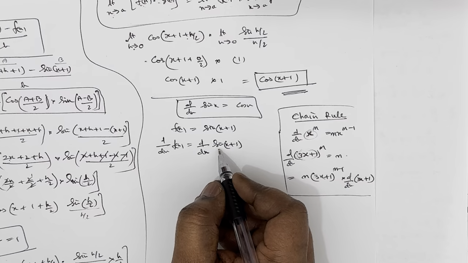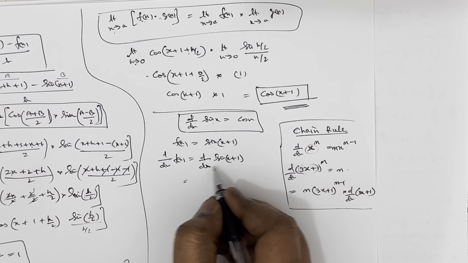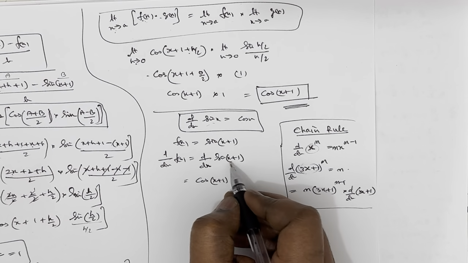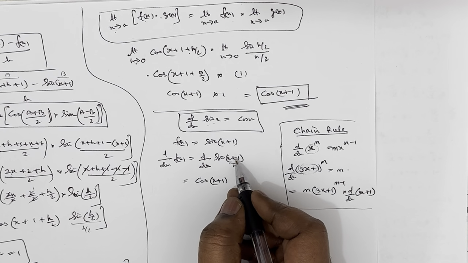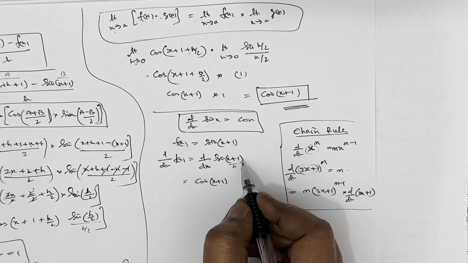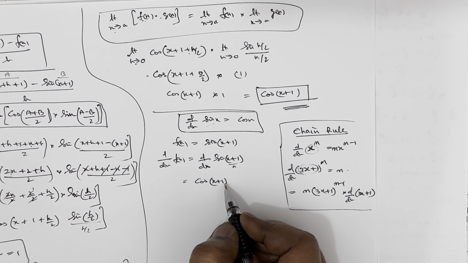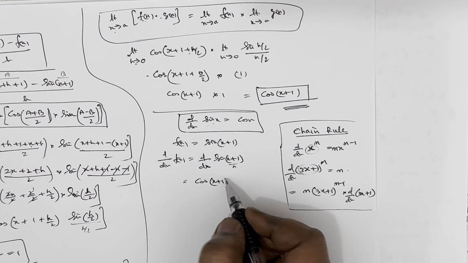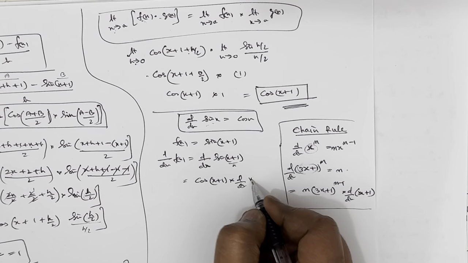We know the derivative of sin x is cos x, so we write cos(x + 1), assuming this to be a single variable x. But since this is not a single variable x, we have to differentiate it again and multiply, that is multiplied by d by dx of (x + 1).